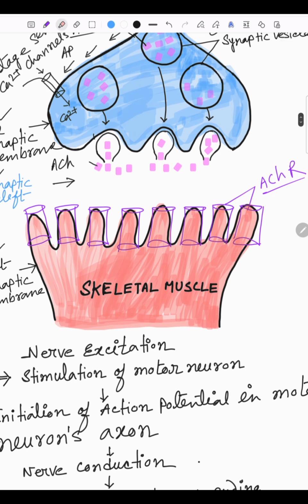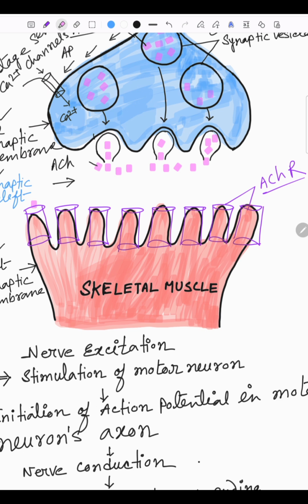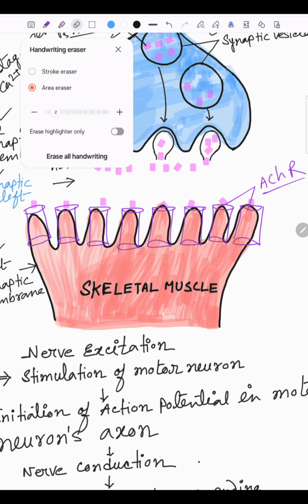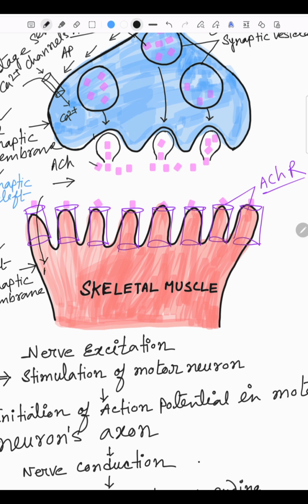The acetylcholine molecules bind with the acetylcholine receptors, and whenever they bind with the receptors, what happens is that the acetylcholine receptor gated channel opens up, and here occurs influx of sodium ion from the ECF into the cell.